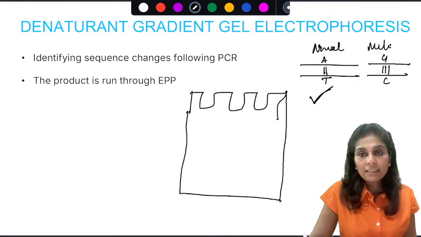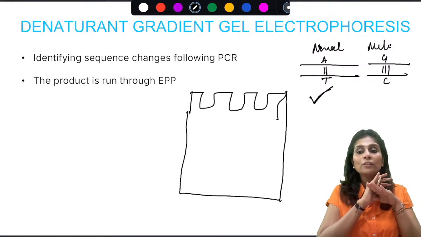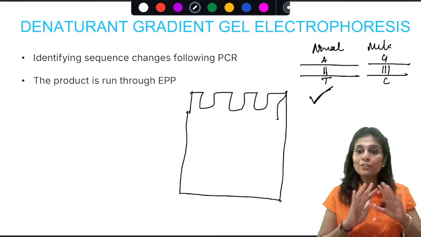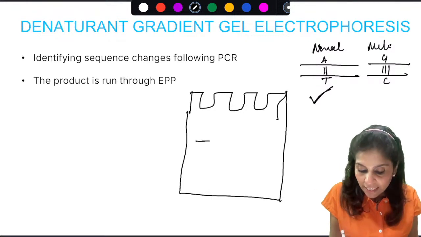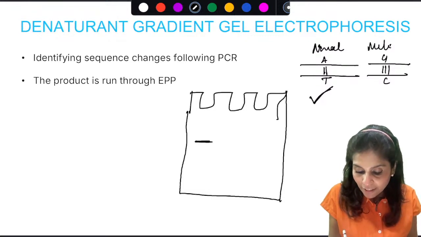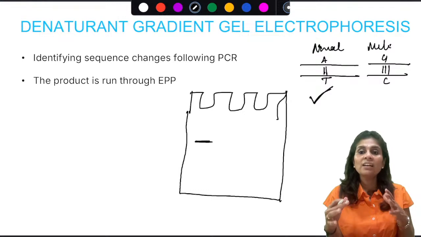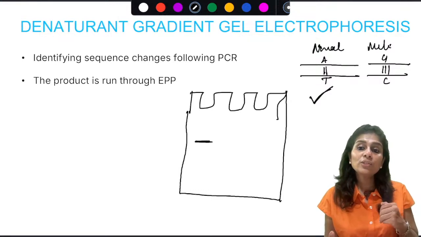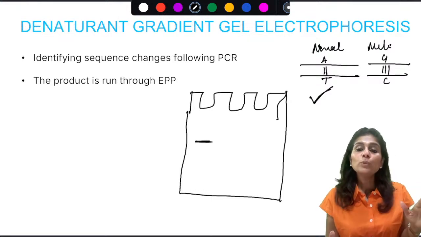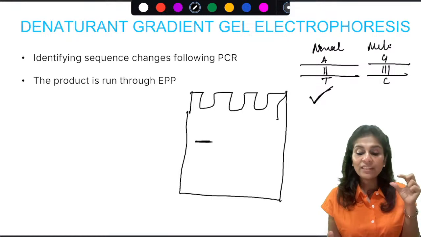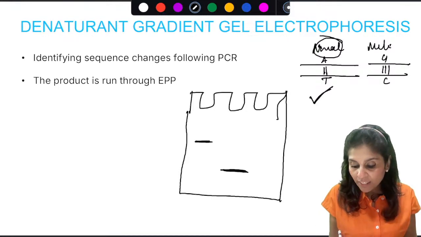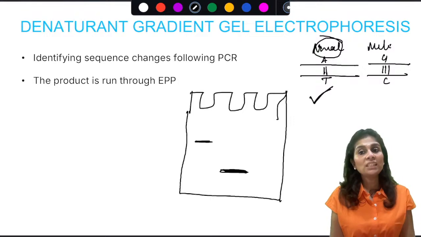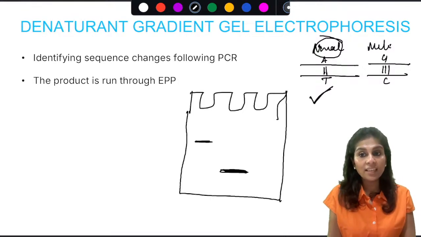As soon as there is denaturation, the migration stops. Right? As soon as there is denaturation, the migration stops. So if I see that person A's restriction digest stops here, quickly it stops, it means it has undergone denaturation quickly in the gel, which means it has AT. If there is AT, it is normal. If I see that it has moved till this, it means it has GC, which means it's a mutant allele.